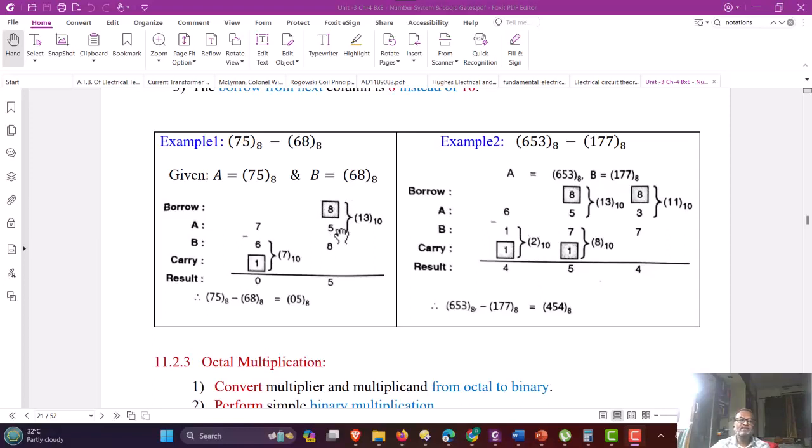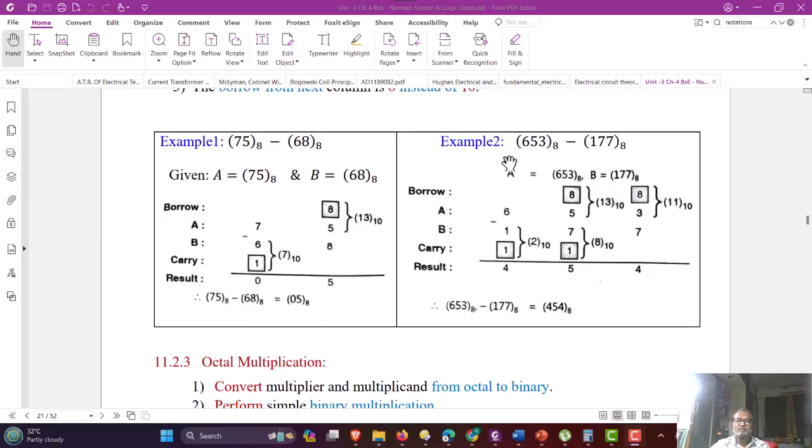So 8 plus 5, 13. 13 minus 8, that is 5. Already we have taken a borrow from this, so 7 minus 6 minus 1 will be 0. So 75 octal minus 68 octal is 05 octal.